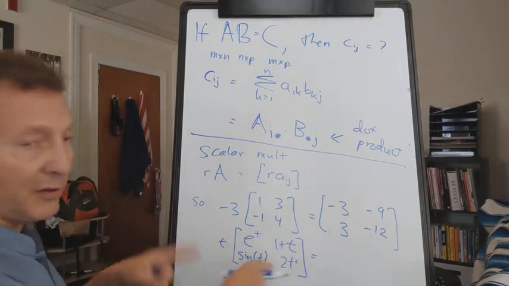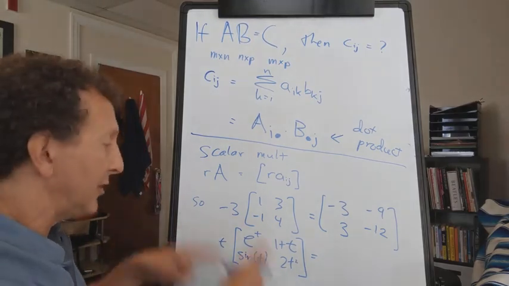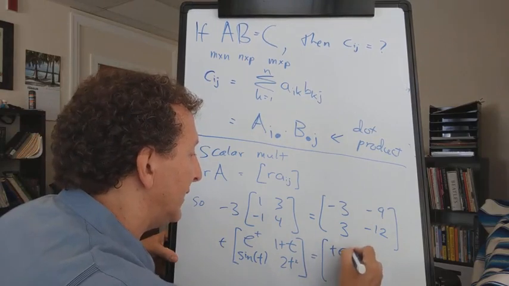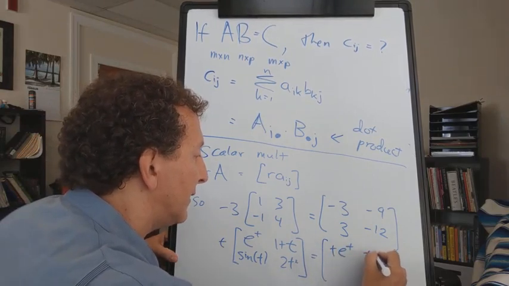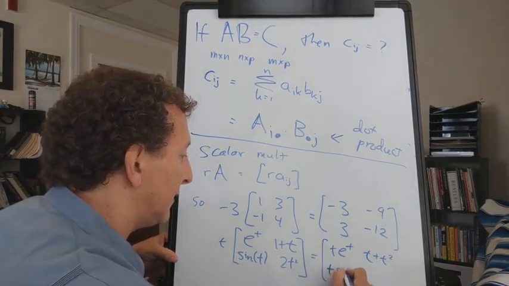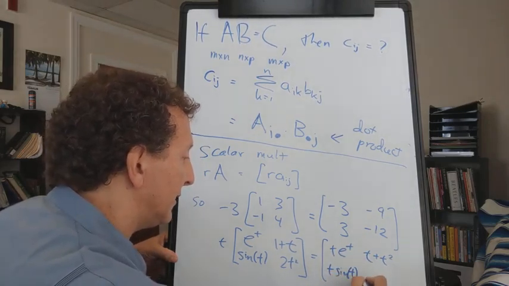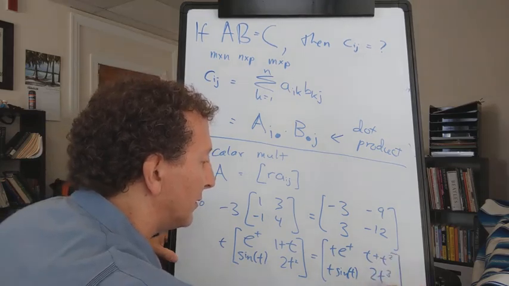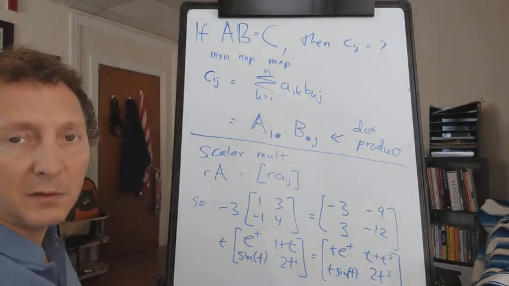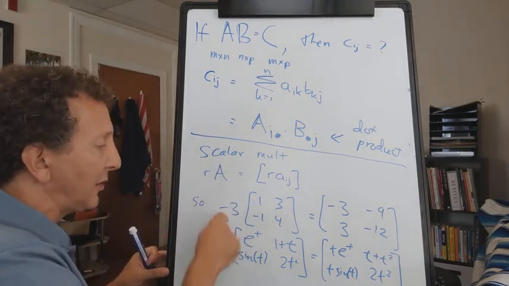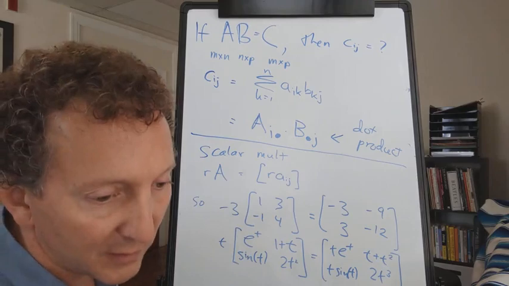We would just multiply all these functions in the matrix entries by t, and we would get t e to the t, t plus t squared, t sine of t, and 2t cubed. So scalar multiplication is very easy. Just multiply everything in the matrix by that scalar on the outside.